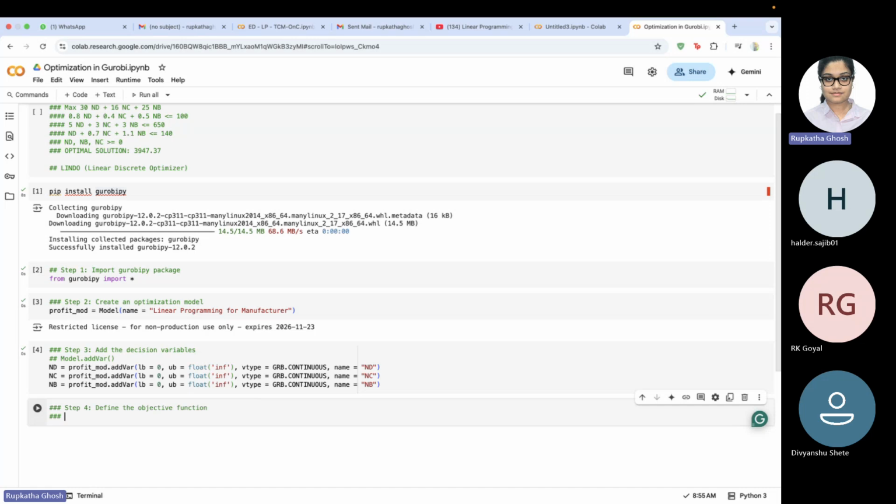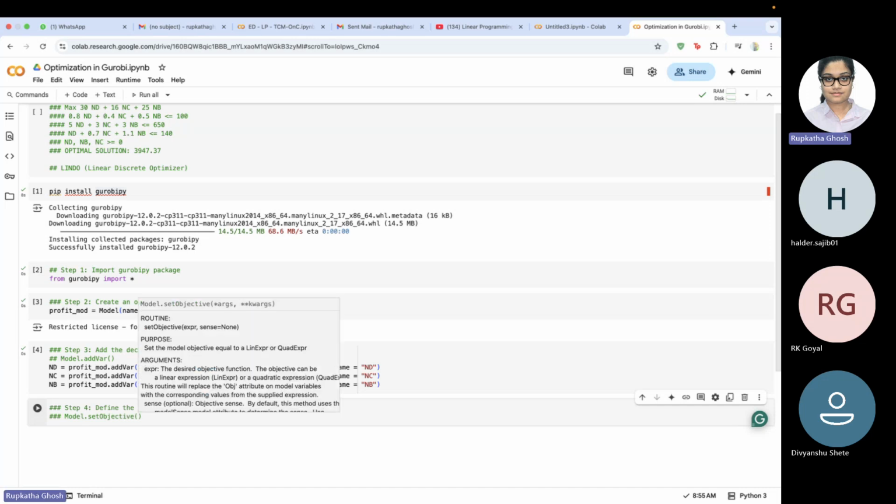The syntax is model dot. Remember, when you are adding constraints and when you are adding your decision variable, that would be dot add. But when you are adding your objective function, that is dot set objective. Here you will have to specify two things: your expression and your sense.